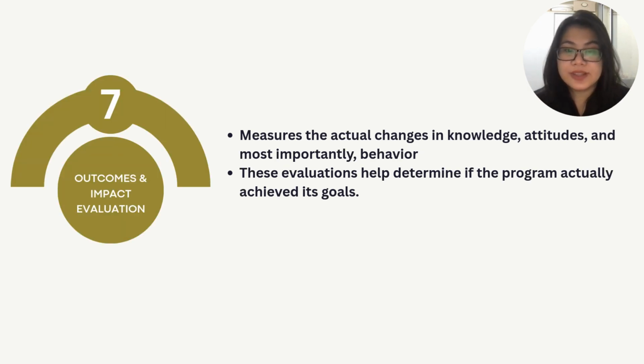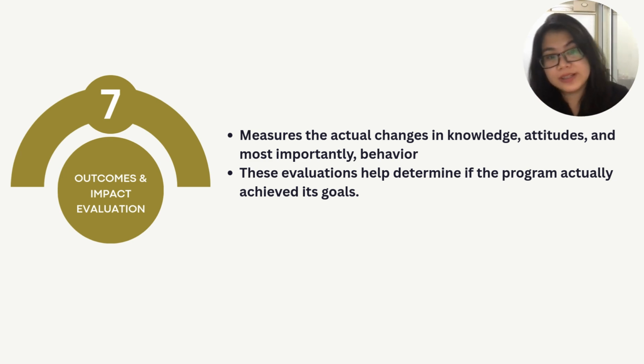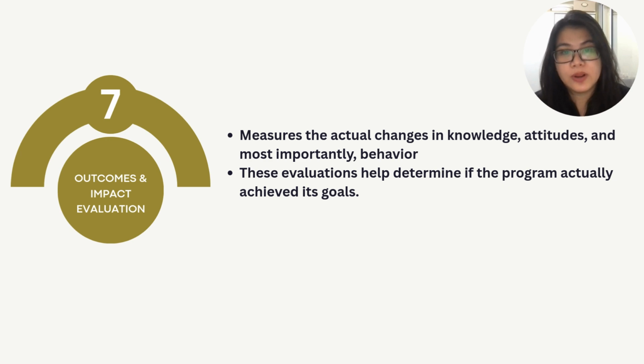Next, number seven, outcomes and impact evaluation. Why do we need this? Because it measures the actual change in knowledge, attitudes, and most importantly, behavior. Outcome evaluation looks at short to medium term results like changes in awareness, attitudes, and behavior.